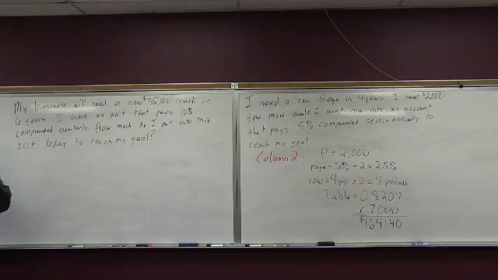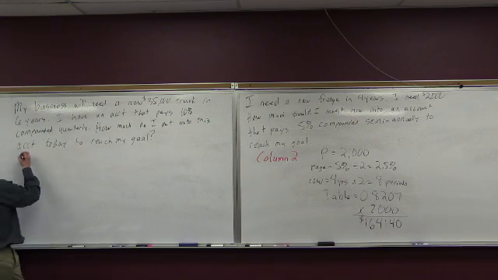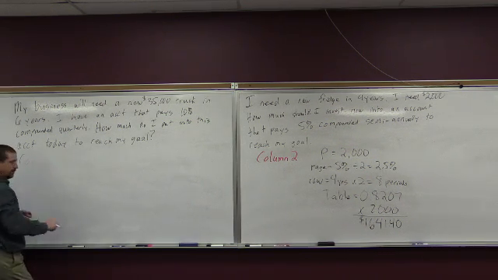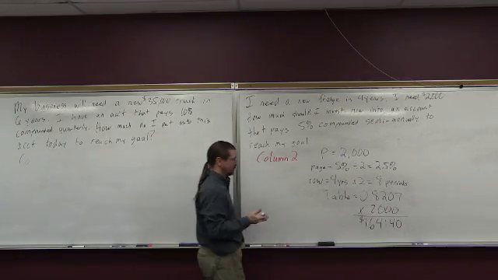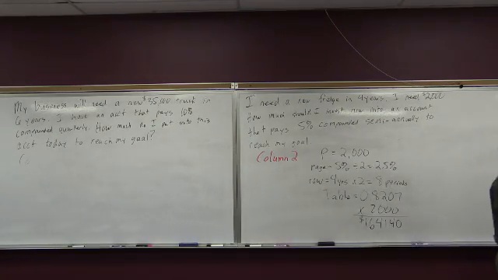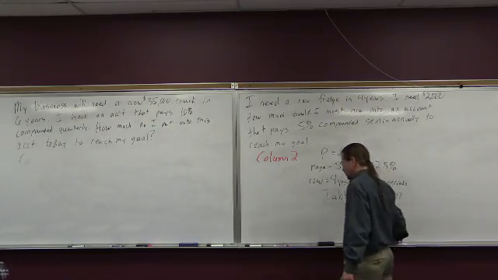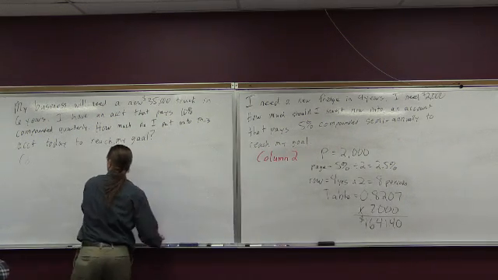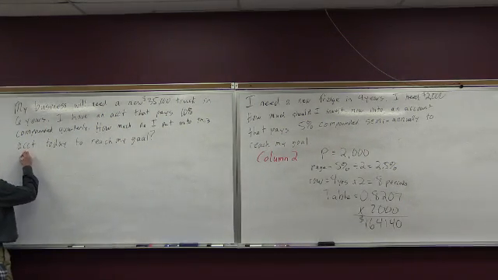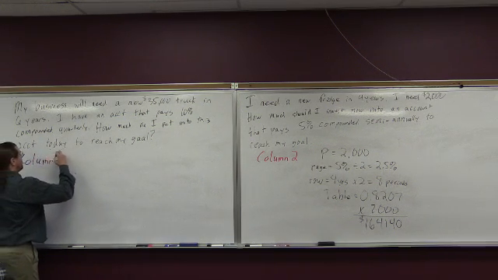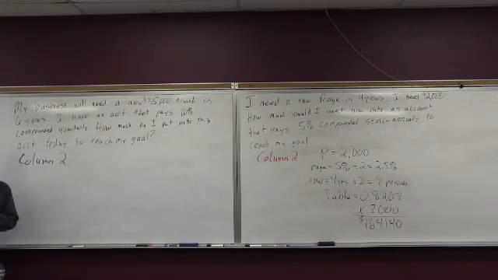It's asking me how much do I need now to get somewhere, all right? So this is a column 2 problem. So when you go to your tables, please make sure you look up the right column, okay?